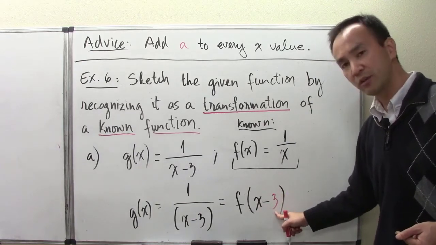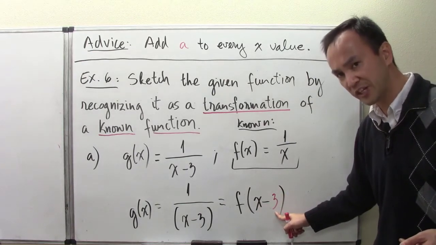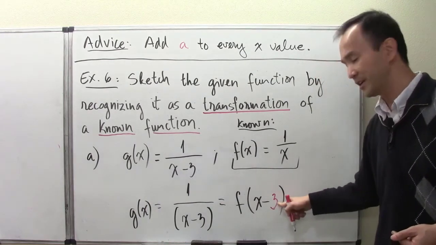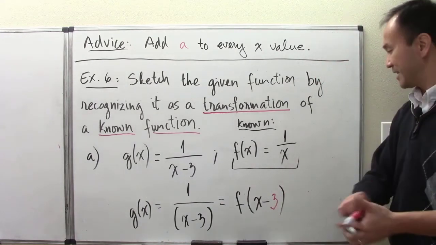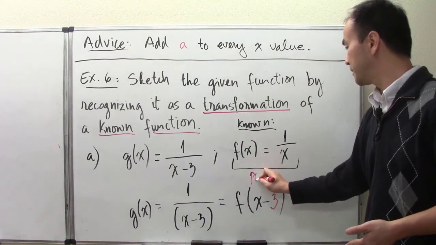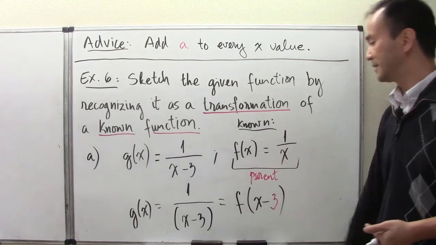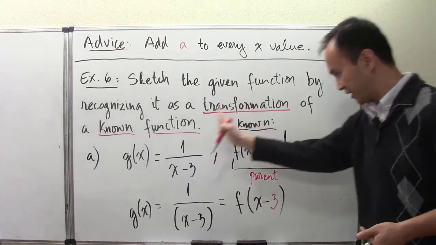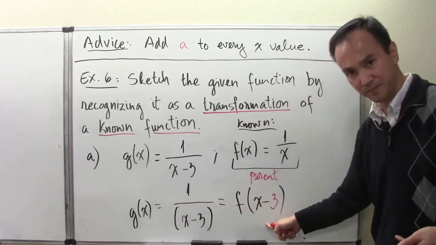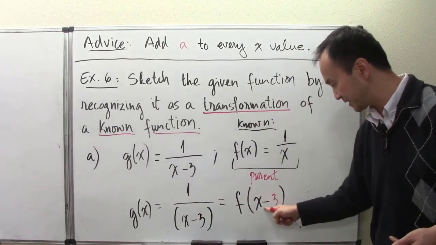And the 3 here will decide how far we shift it horizontally and whether it goes left or right. The parent function has been recognized and confirmed, and g of x in this form is the parent function with input x minus 3.